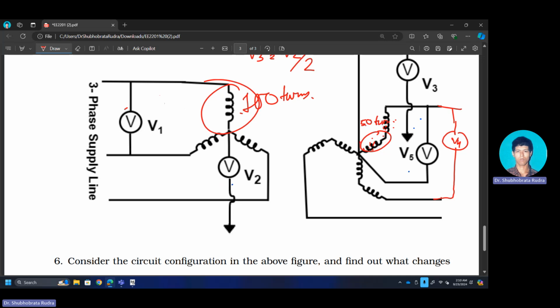So this root 3 by 2 will create some difference. If you have two identical stars, you get V1 equal to V4, but actually here V4 is equal to root 3 by 2 V1 because of this zigzag winding.